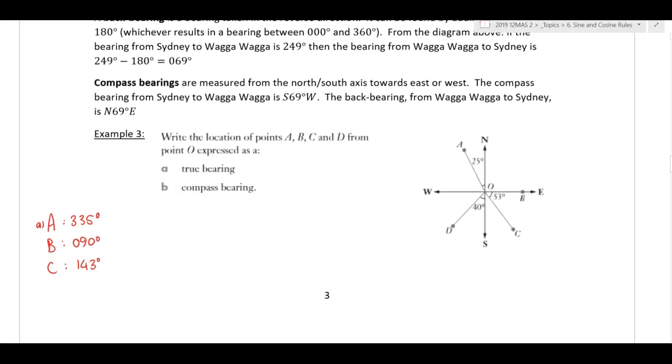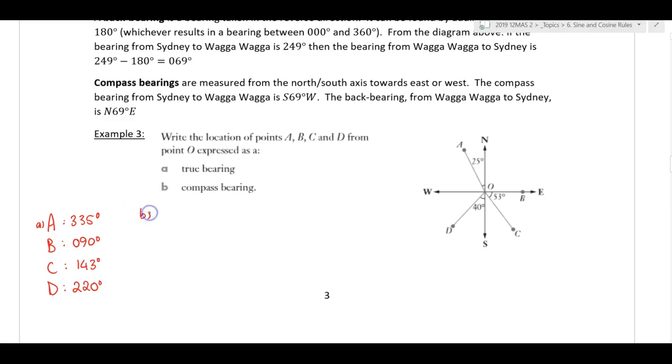And D, from north, we go around to 180, and then another 40 is 220 degrees. They are the true bearings from O to A, B, C, and D.